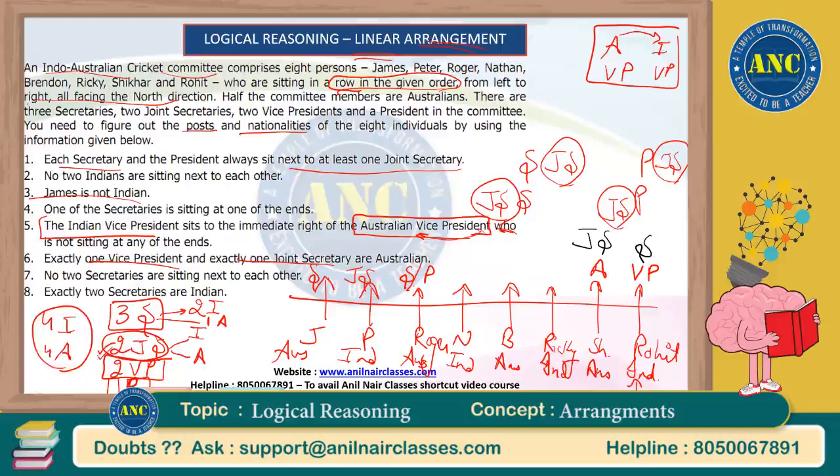So this guy would be a secretary or a president, and thereby the joint secretary would be somewhere here, accompanied by a secretary or a president on either of his sides. That is the only case in which a joint secretary can accompany both the secretary and the president. Okay.